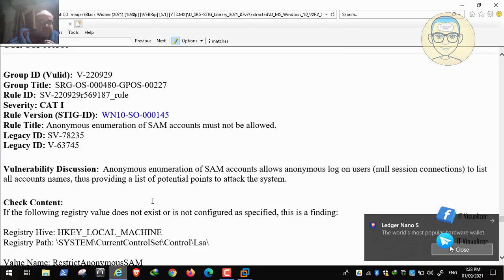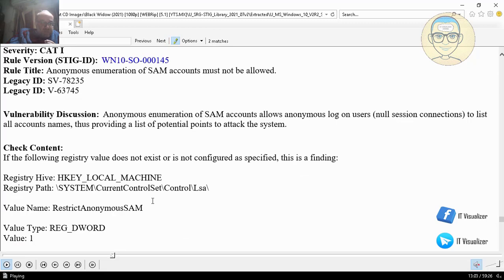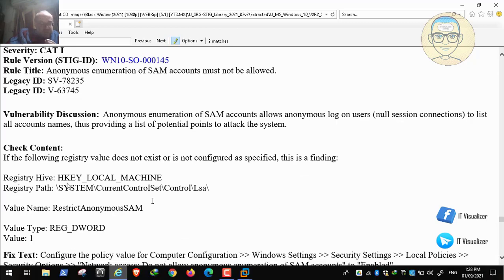Here it is saying that you should not allow anonymous users or unknown users to see the list of your accounts in your SAM accounts. And by the way, all of your Active Directory accounts, as I said before, and the local accounts are saved to the SAM database. So he's talking about SAM accounts.